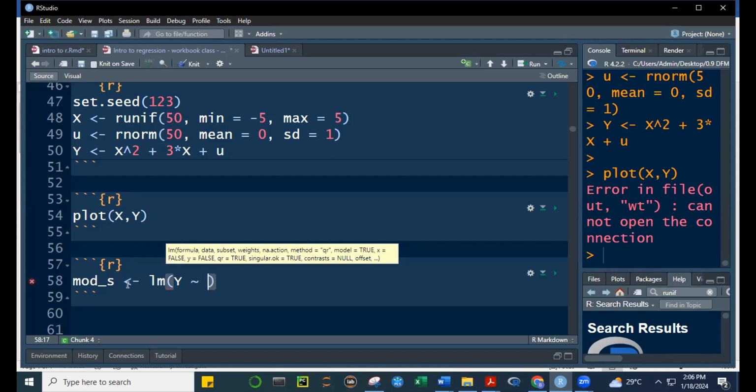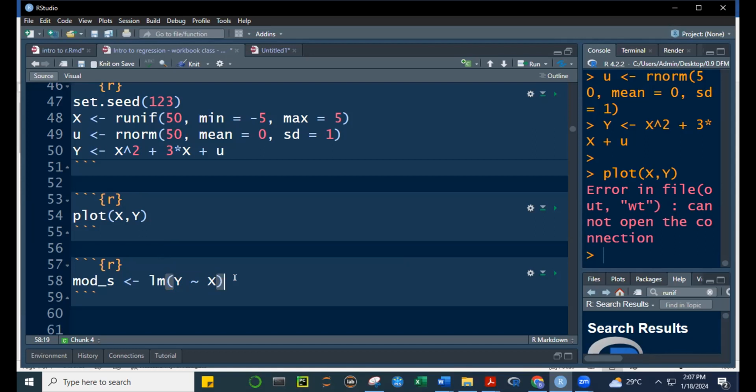Above the backtick character. Regress y on x. So ganun lang kasimple, class, no? Okay. Regress y on x, and then let's run this.